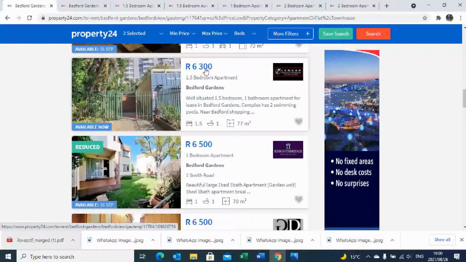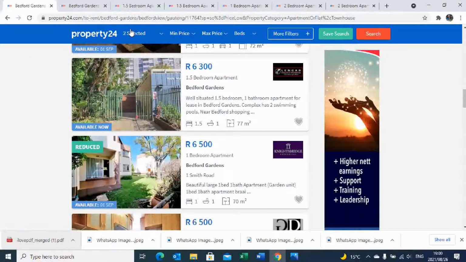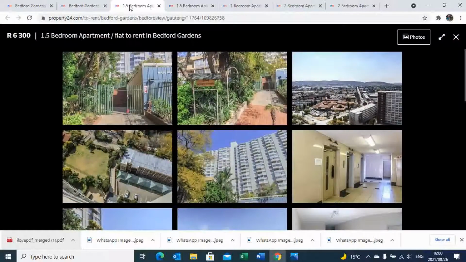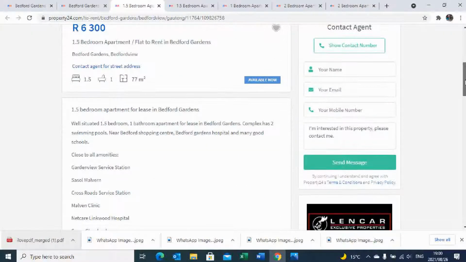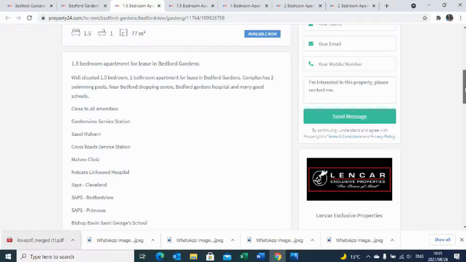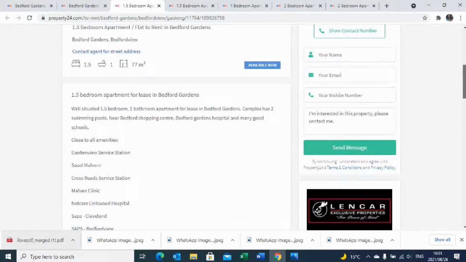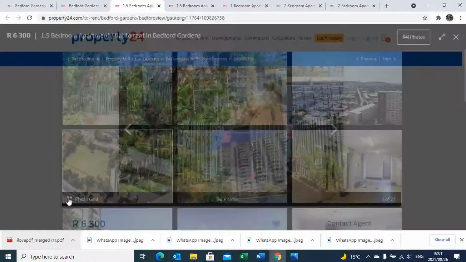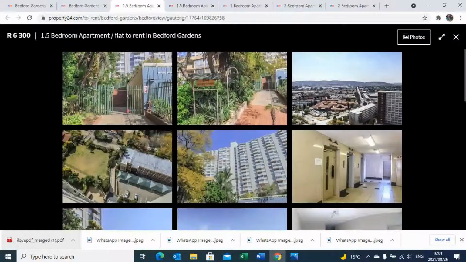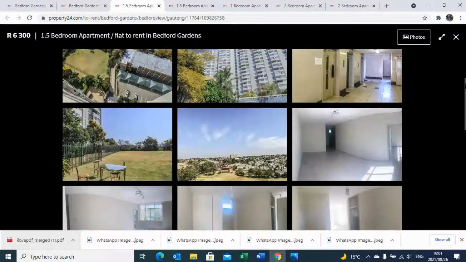What is this? 6003. We can open it to make sure that it is the one. There it is, 6003. So now we know. We want to see how it looks inside.